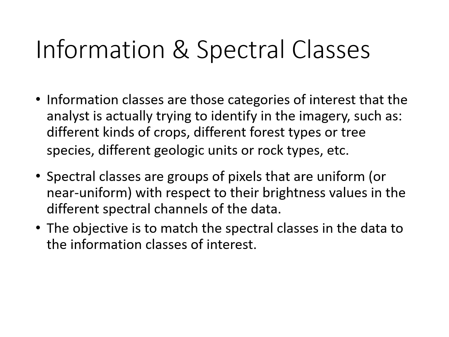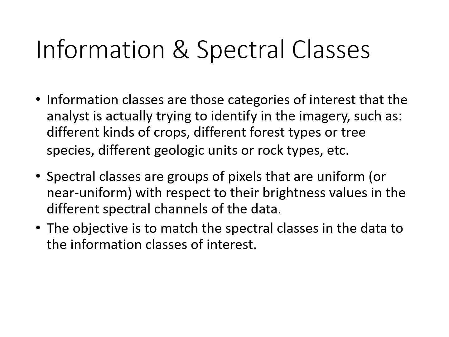So information classes are the categories of interest that the analyst is trying to identify in the imagery. For instance, it could be different kinds of crops, different forest types, tree species. It could be different geologic units or rock types or water or beach. These are the classes that we are interested in.